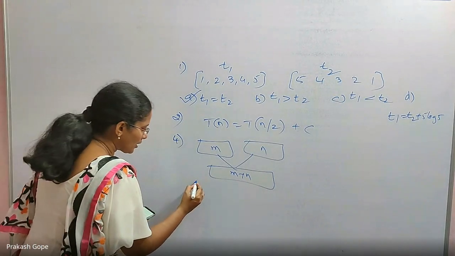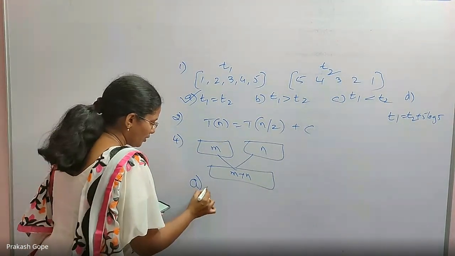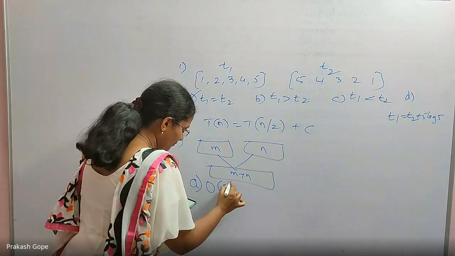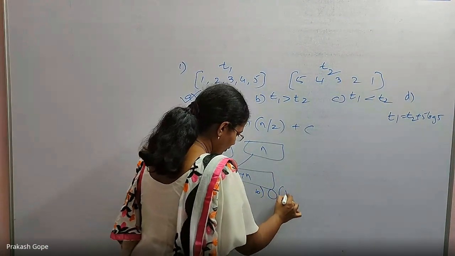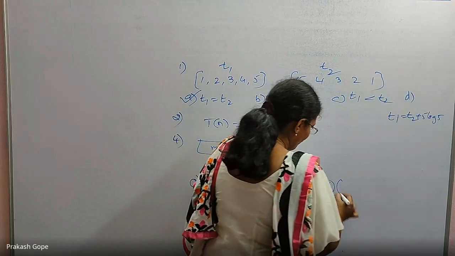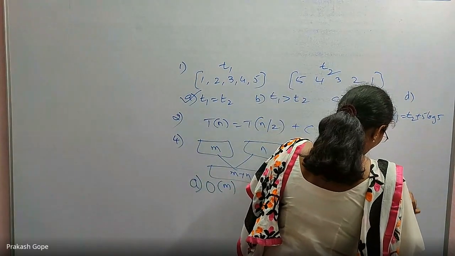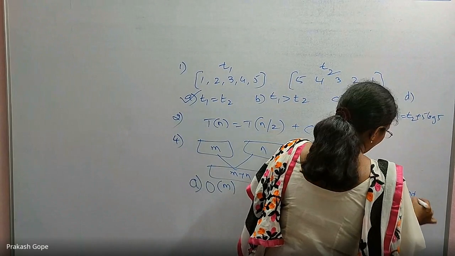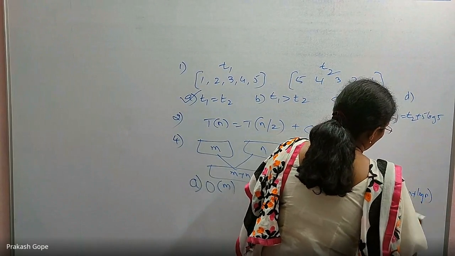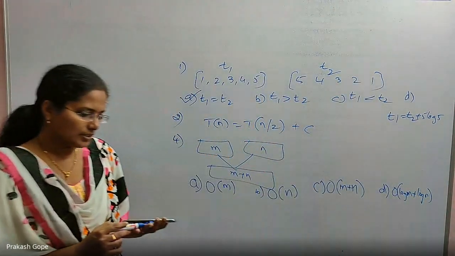How many comparisons are needed? Option A says big O of m. Option B says big O of n. C, big O of m plus n. D, big O of log m plus log n, which means log of mn. What is the answer?